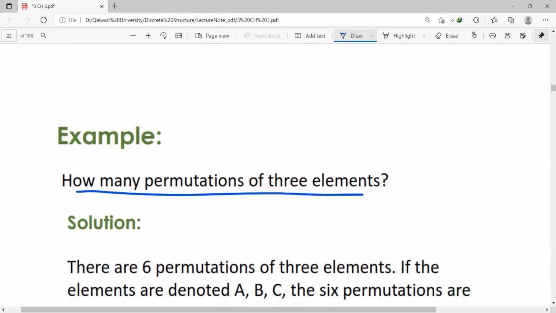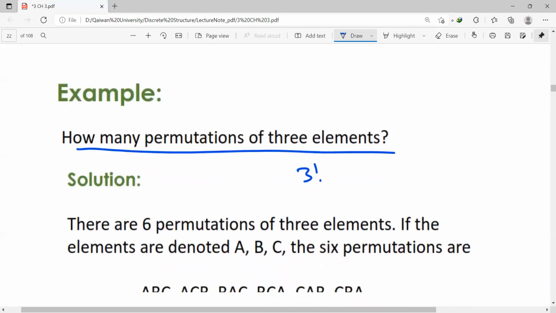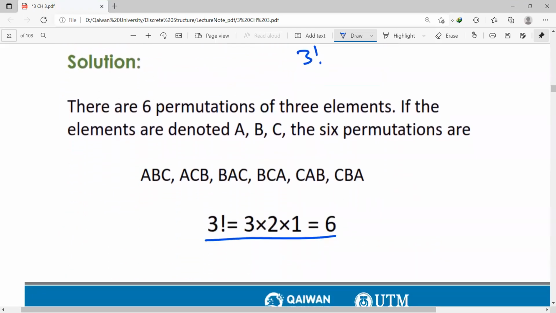Here we have an example. It says, how many permutations of 3 elements? We have 3 elements. In how many ways can we choose them? It says 3 factorial.